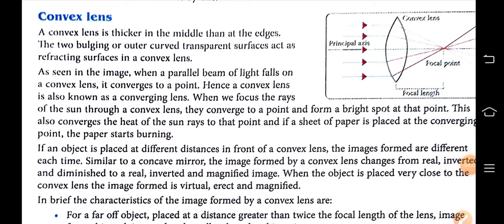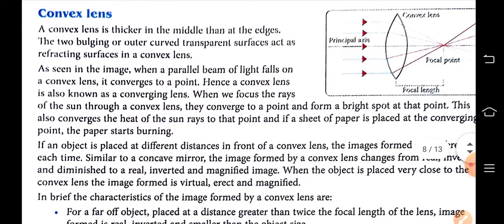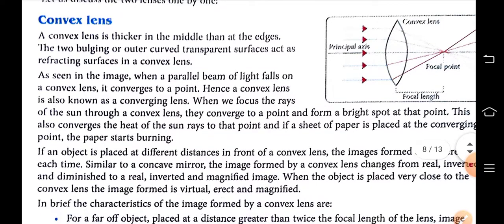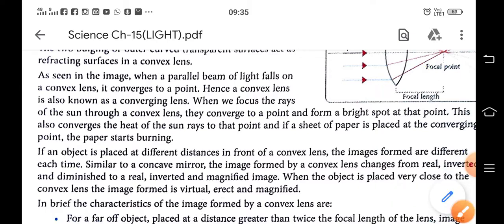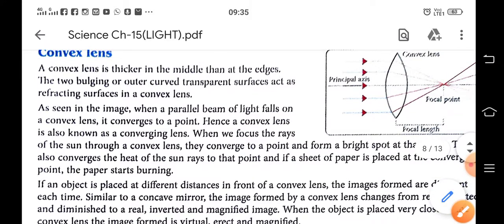Next, the two types of lens: convex lens and concave lens. So first, convex lens. A convex lens is thicker in the middle than at the edges. Edges means kinara. This middle part is thicker, and both edges are pointed, so it is thin at the edges and thicker at the middle point.